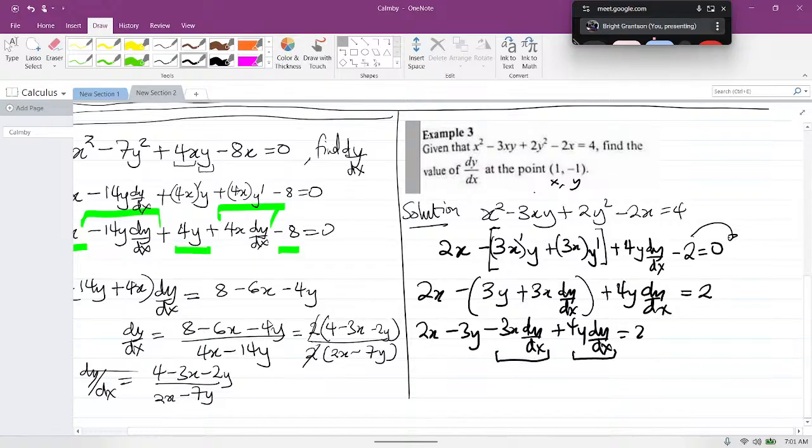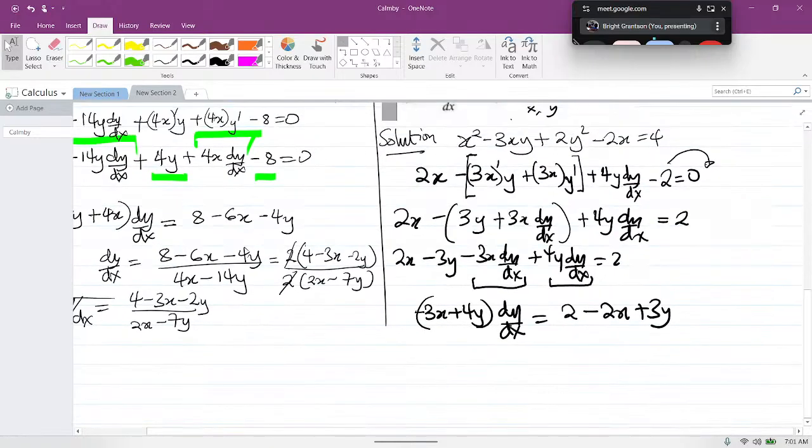Then move this over to the other side. So if 3x plus 4y becomes a factor, dy/dx here is 2 minus 2x plus 3y. So dy/dx is 2 minus 2x plus 3y all over negative 3x plus 4y. That becomes the answer.